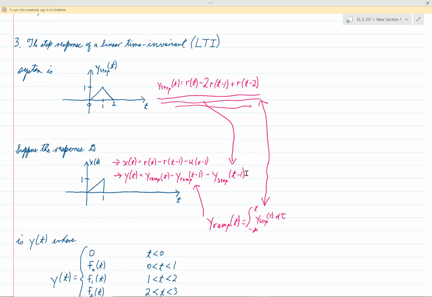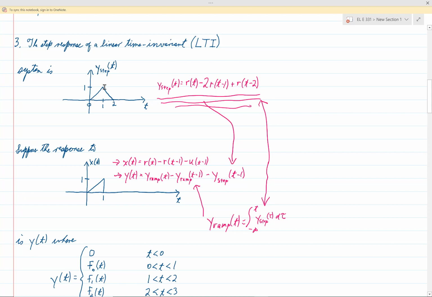But the problem is that we know what y step is. That was given up here in the statement of the problem. Remember, this is y step of t. And we can express y step of t in terms of singularity functions like this.